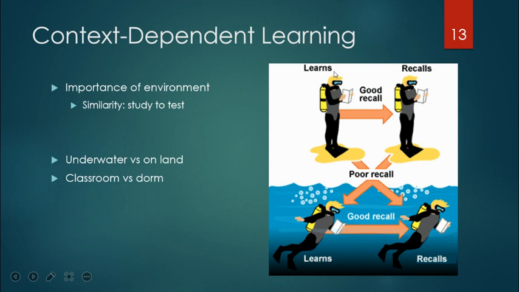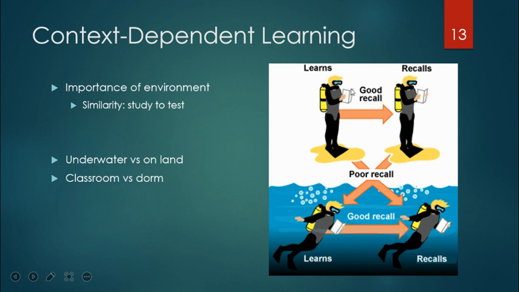if their study environment was similar to their test environment, they did much, much better. So what that means is if they studied the words on land and then were tested on land, they did really well. If they studied the words underwater and then were tested on the words underwater, they also did pretty well.